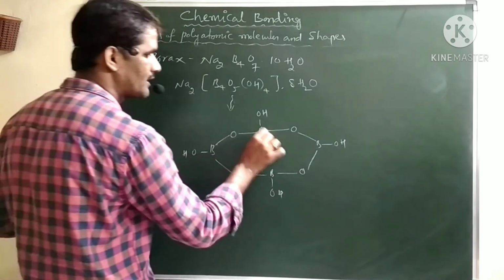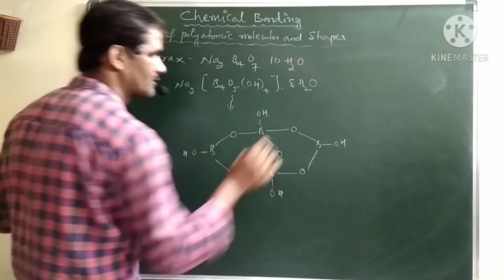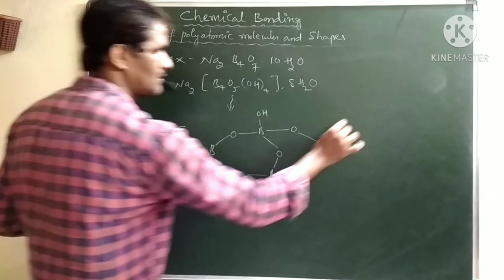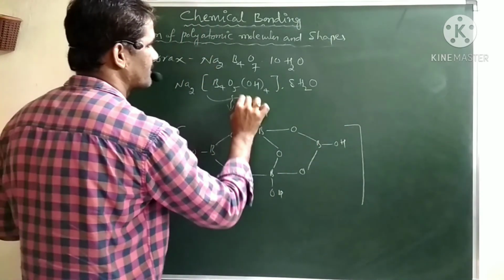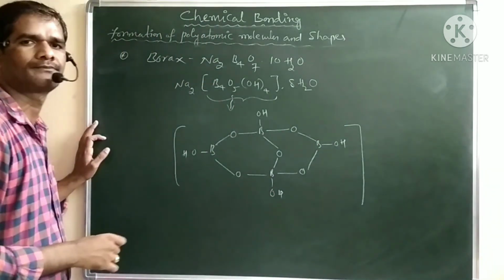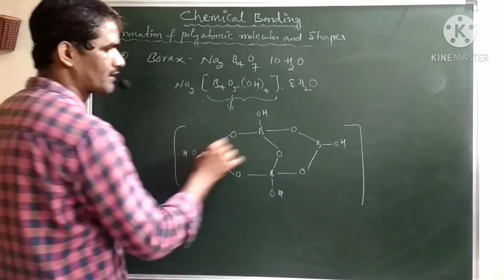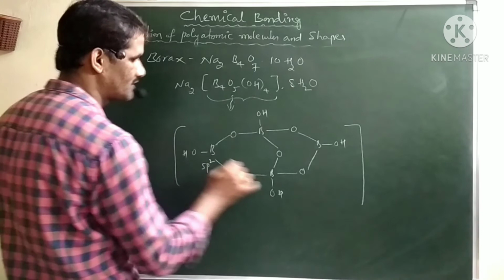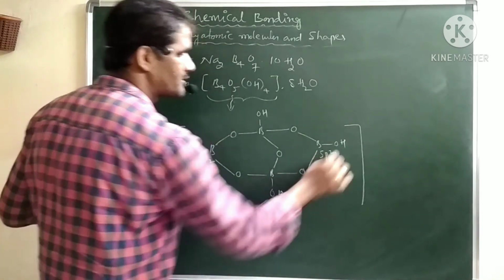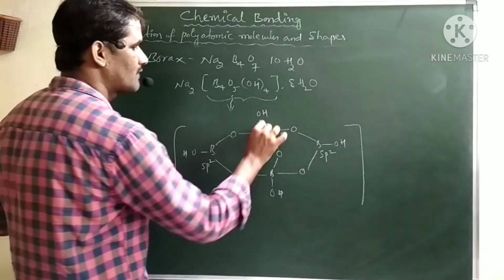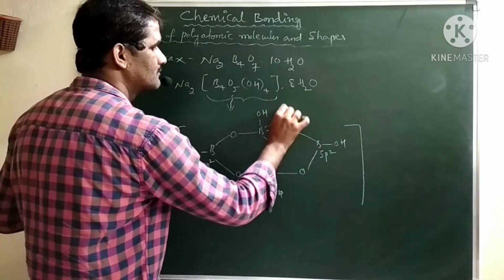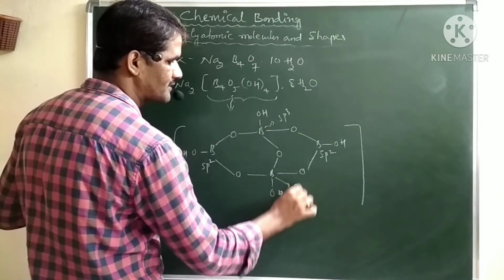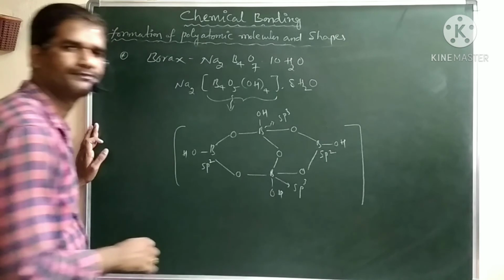Then there is a linkage between boron and boron, and this is the geometry of this center part, the coordinating part. And you see that out of 4 boron, 2 boron undergo sp2 hybridization. This is sp2 and this is sp2, and these 2 boron will undergo sp3 hybridization and sp3 hybridization.